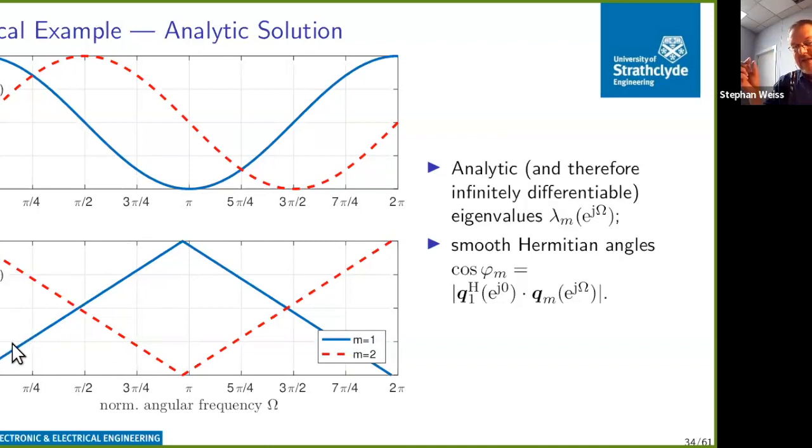Because the Hermitian angle takes the modulus of the inner product, it looks like we have a non-differentiability here, but this really comes from the modulus. So what you see here is a smooth evolution of that angle between the eigenvectors.